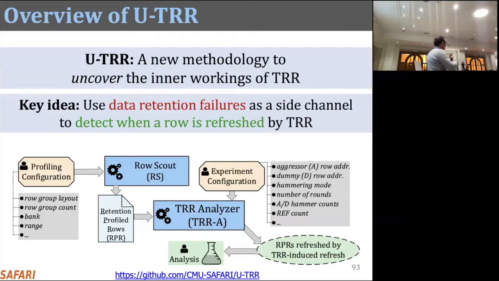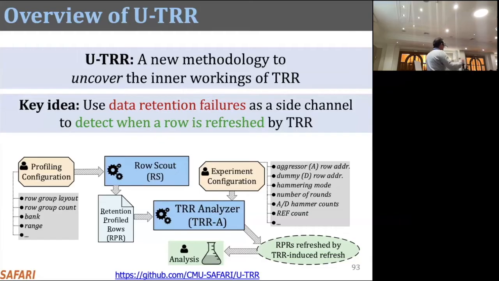Now, if you do something to the DRAM chip, and if that row doesn't lose the data after that number of milliseconds, something must be going on internally in the DRAM chip. So the fact that you don't get errors in a row that you think you should get retention errors in gives you a side channel as to something going on inside the DRAM chip. And that something is that the DRAM chip is refreshing that row.